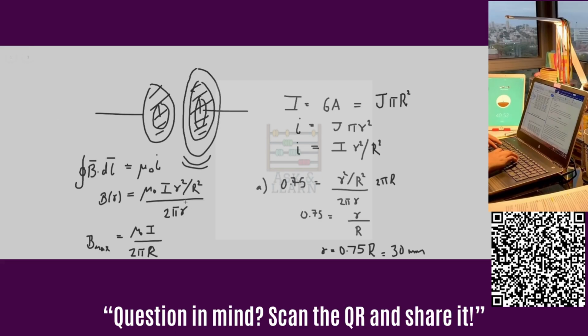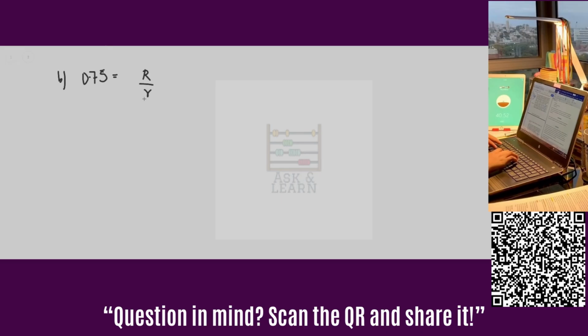We can see from the entire expression that we have capital R over small r, where this small r is greater than the capital R. And so all of this happens when small r is exactly equal to 4 by 3 of capital R. There it was 3 by 4, now it is 4 by 3 of capital R. And thus, if it is 40 millimeters, this whole thing now becomes 53 millimeters.